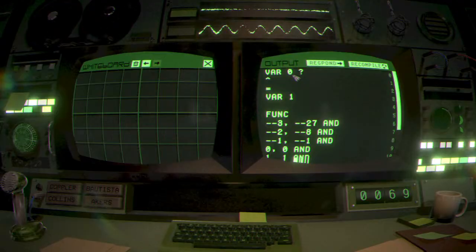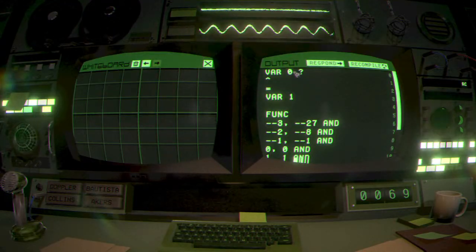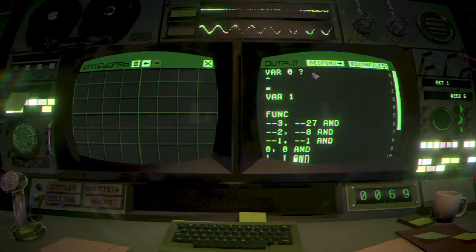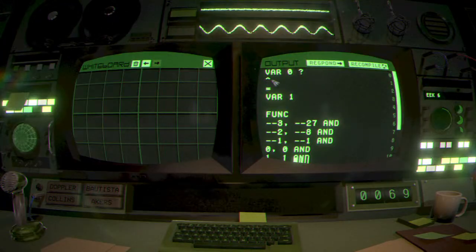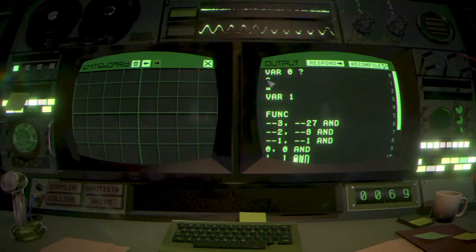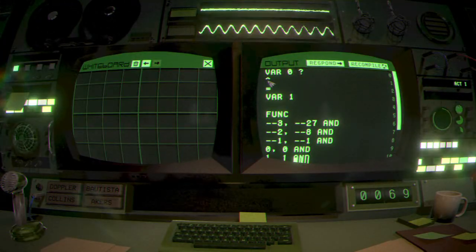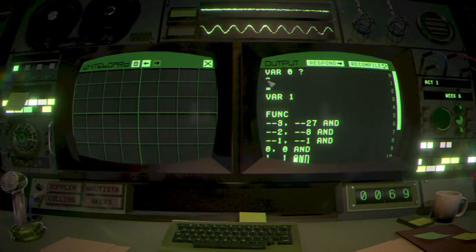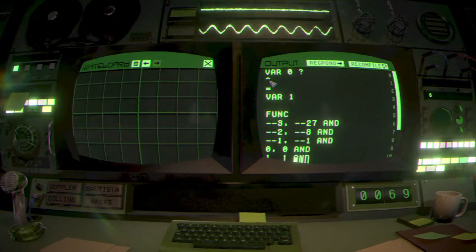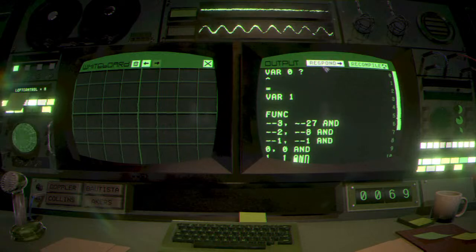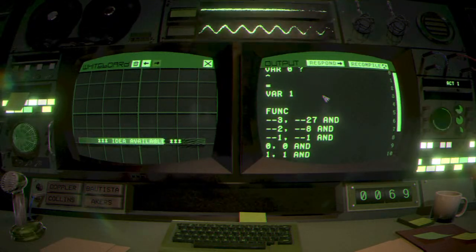Okay. Variable 0. Probably and some number. Square, to the power, variable 0 to the power of some number is equal to variable 1.